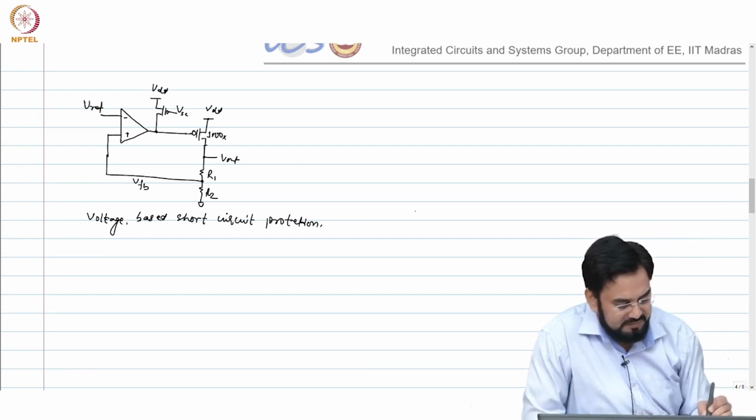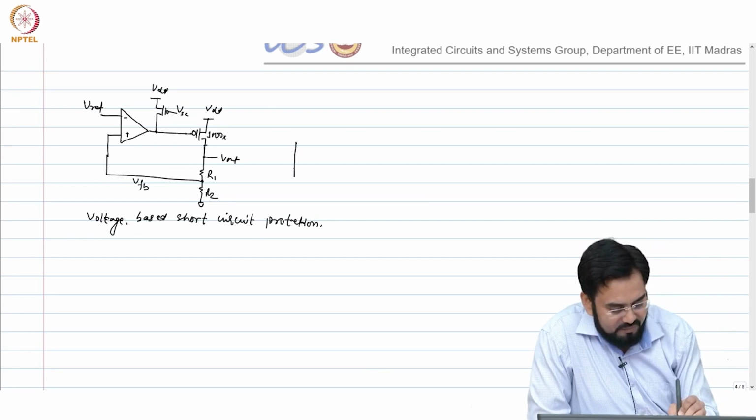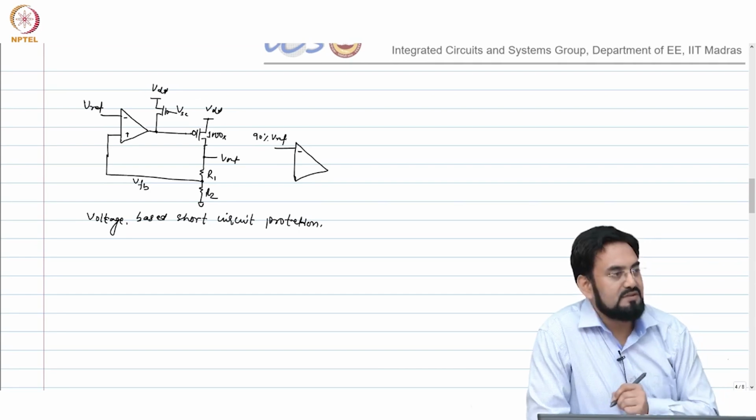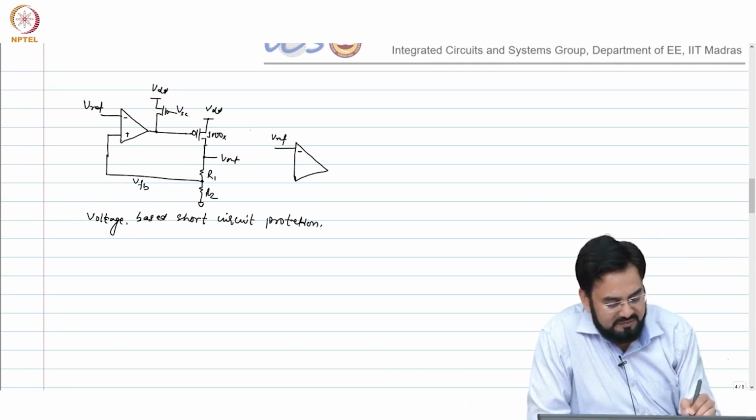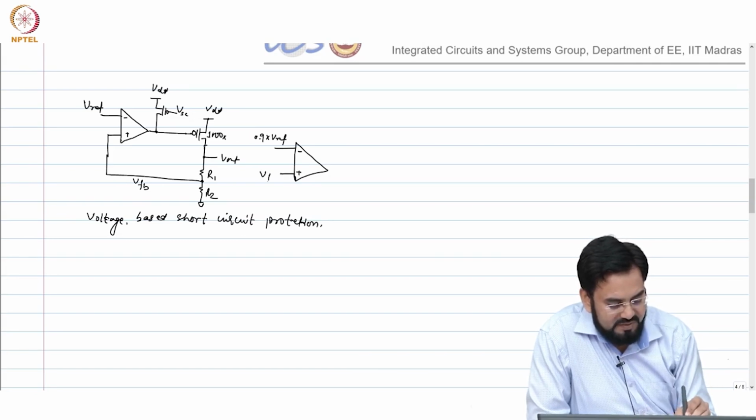So you can compare. This is your minus. So let's say 90% of Vref, or 0.9 Vref. And this is your VFB.